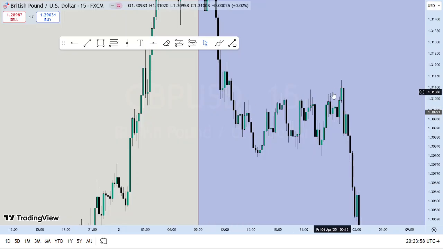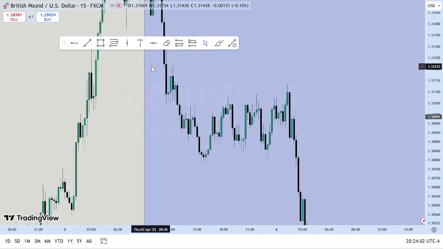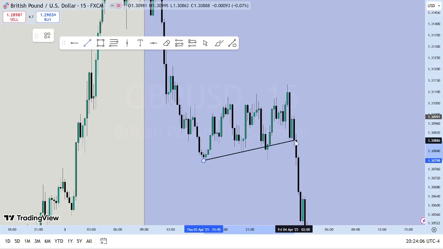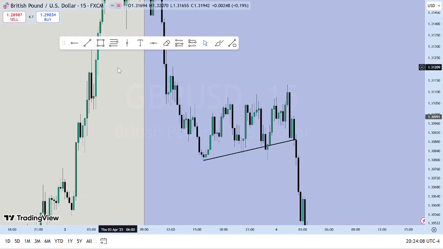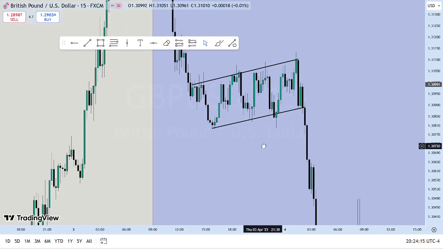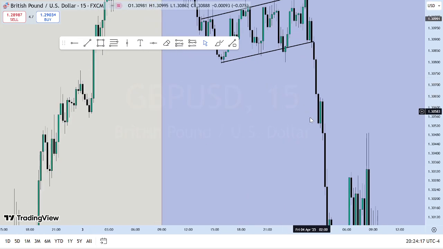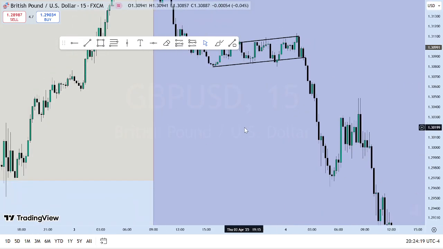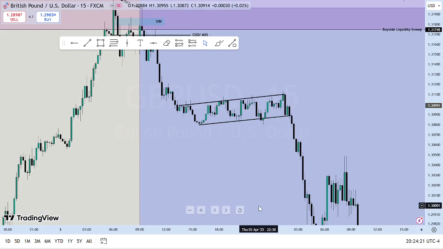Resisting price now, price cannot go up there again. We have a small price action here. Small price action there. So that's how to anticipate for distribution phase.